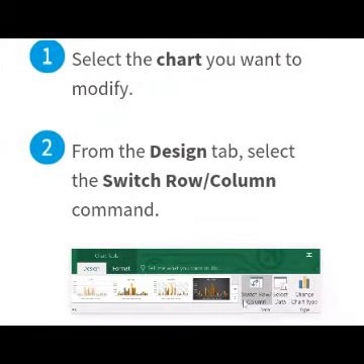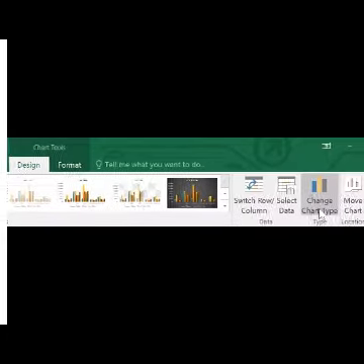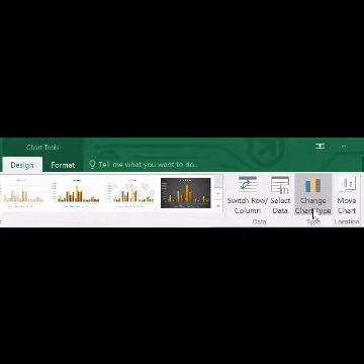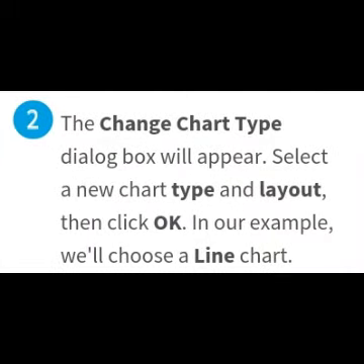Select the chart and go to the Design tab and select the Change Chart Type command. You can see clearly in this figure. The Change Chart Type dialog box will appear.